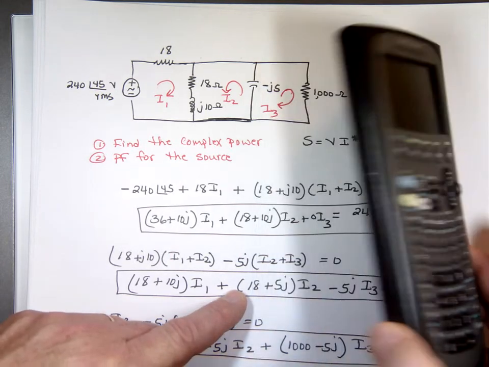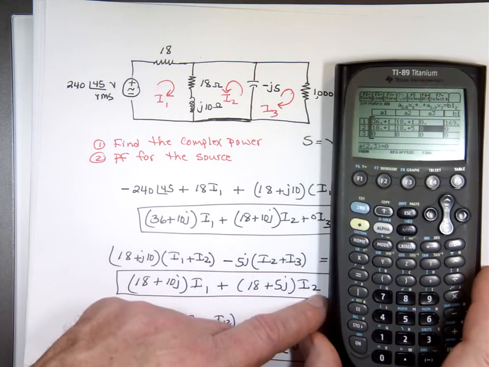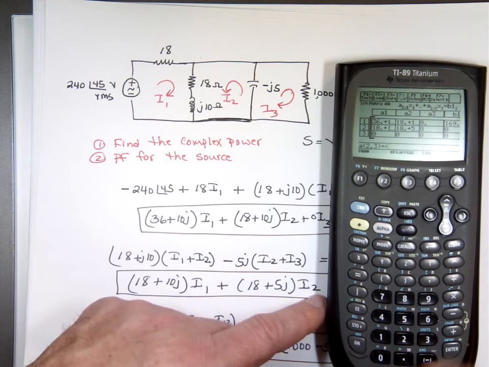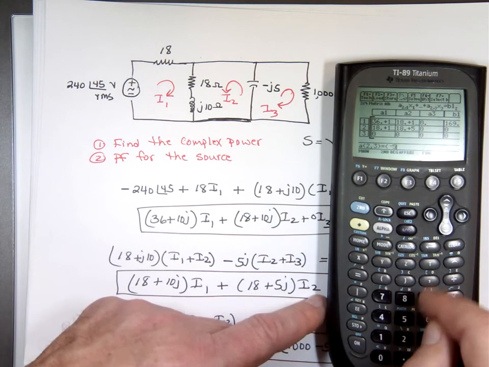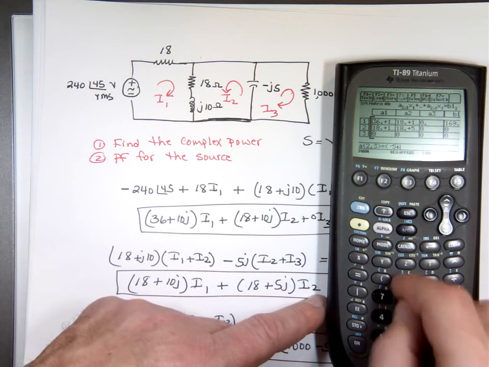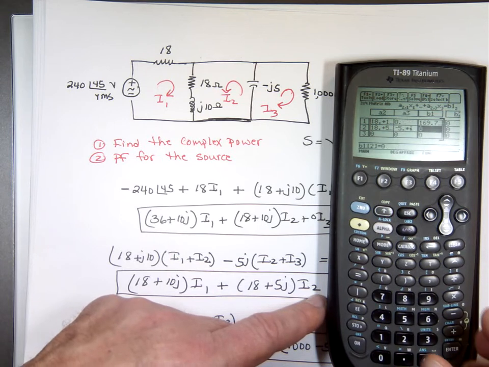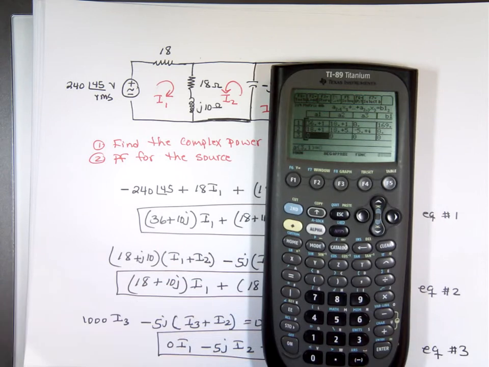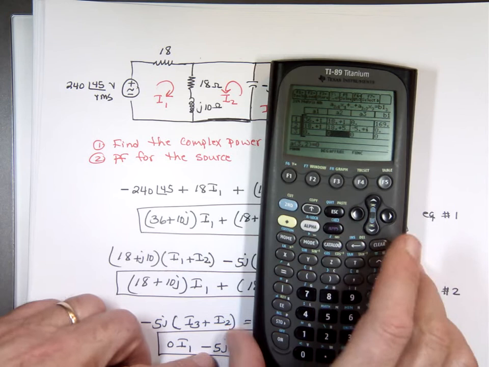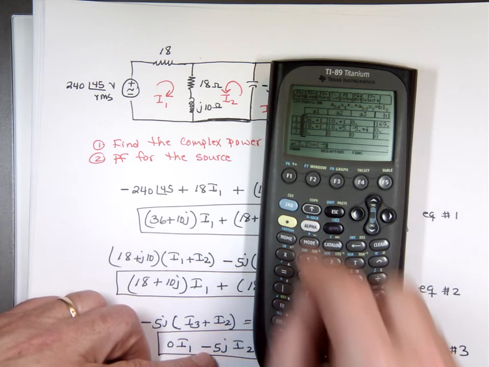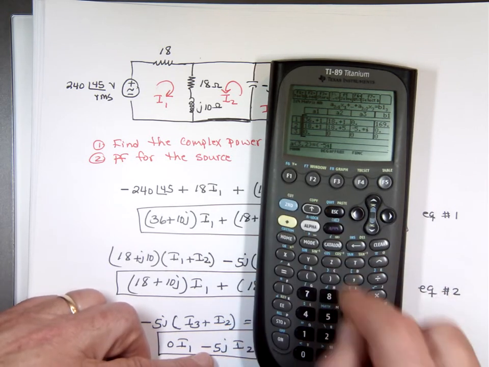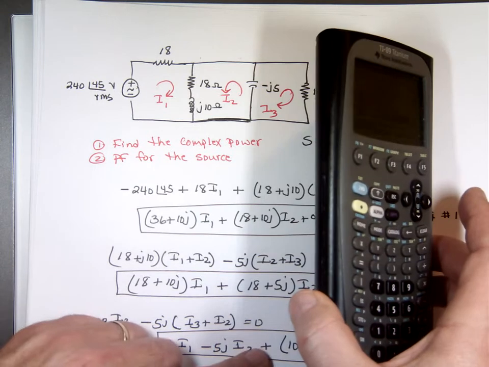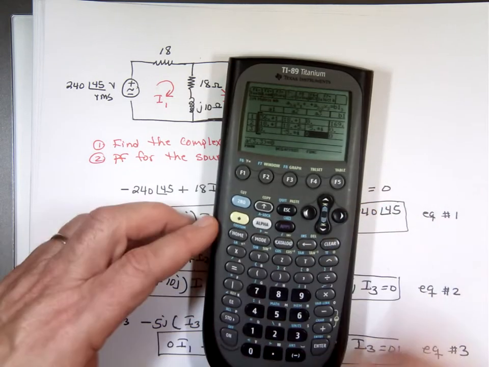Then the last one is negative 5j. Negative 5i. And the answer for that one is 0. And the last equation, 0. Negative 5i. 1,000 minus 5i.